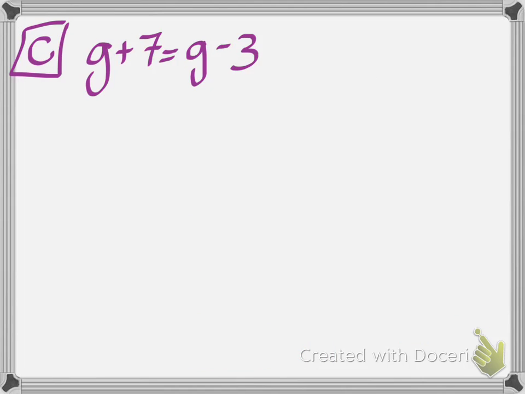Here's C. G plus 7 equals G minus 3. I have a G here and I have a G here, and they both have a variable coefficient of 1. So it doesn't matter which one I move. Let's say I move the one on the left to the right. What is G minus G?